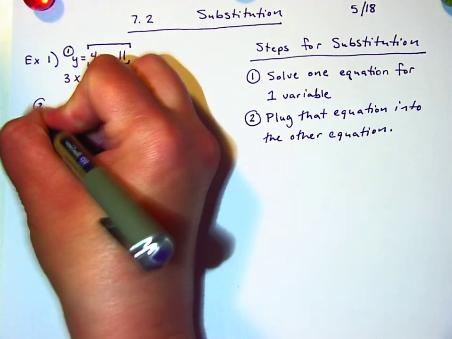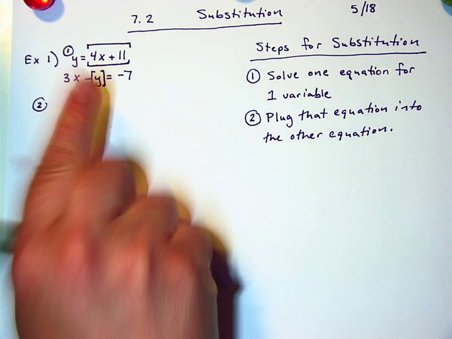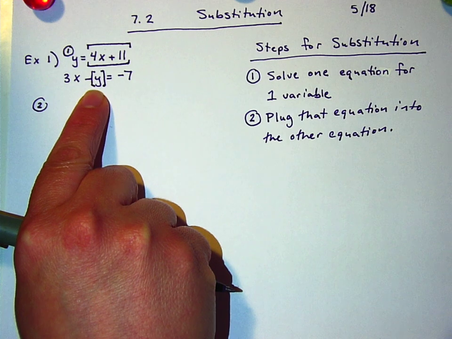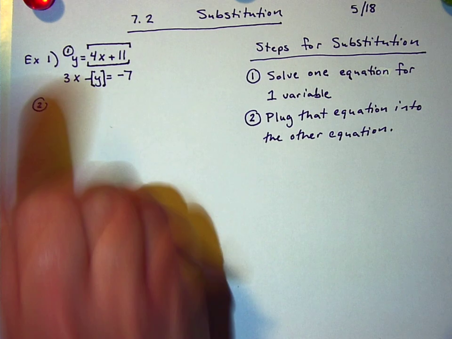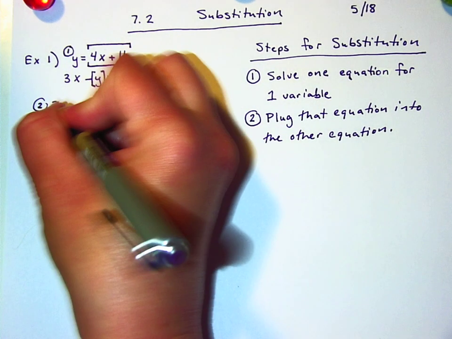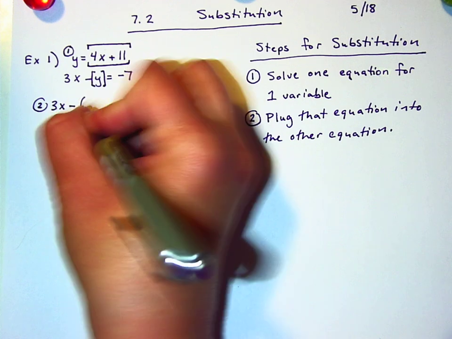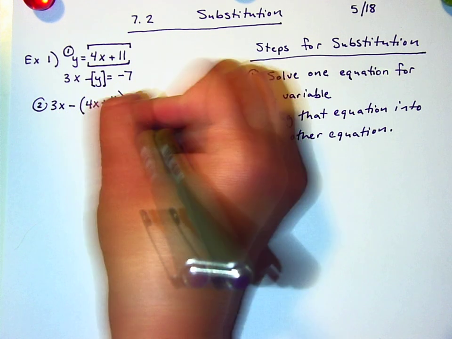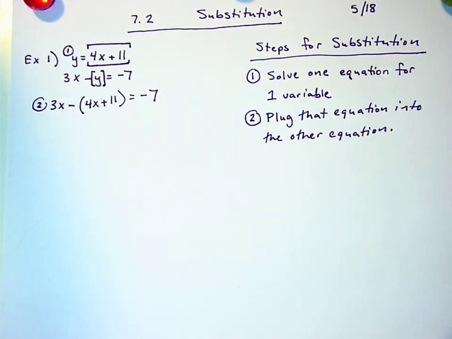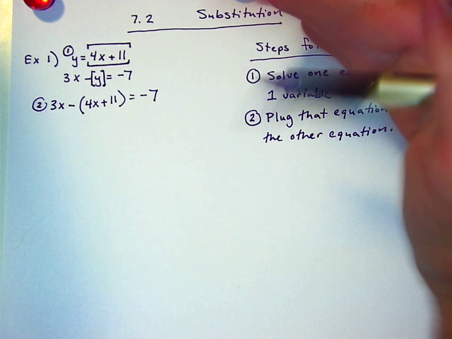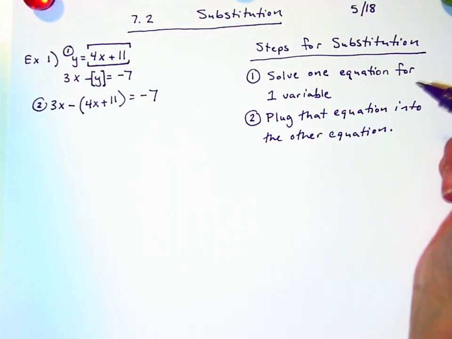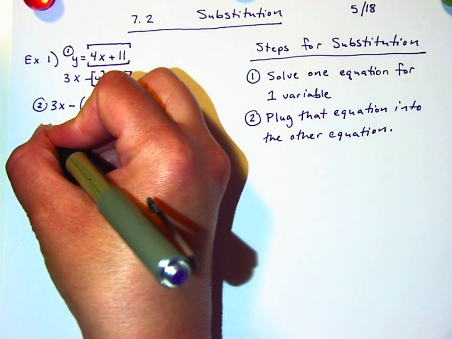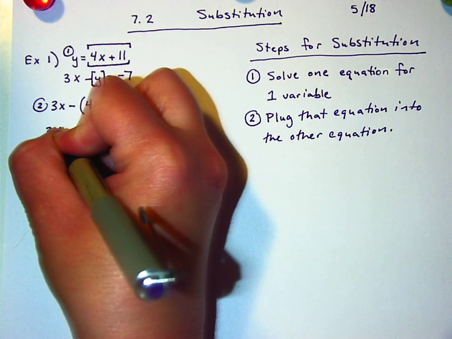So for number 2, I'm going to take that second equation, but instead of writing y, I'm going to write 4x plus 11. So 3x minus (4x plus 11) equals negative 7. You might want to, on the first couple problems of your homework, follow these steps, even label them with the different parts, and then loosen up later when you get used to it.